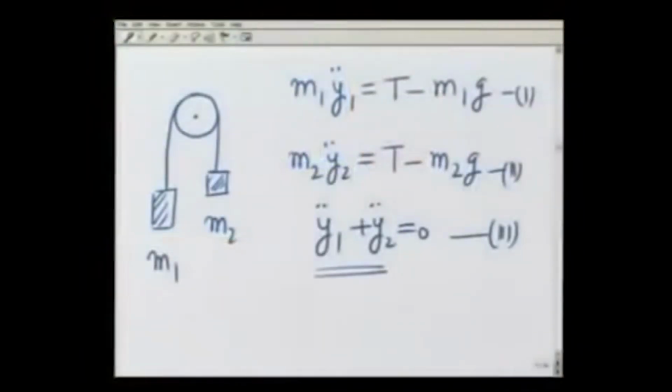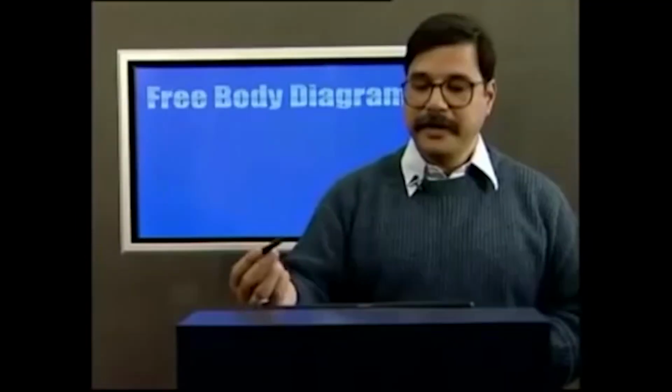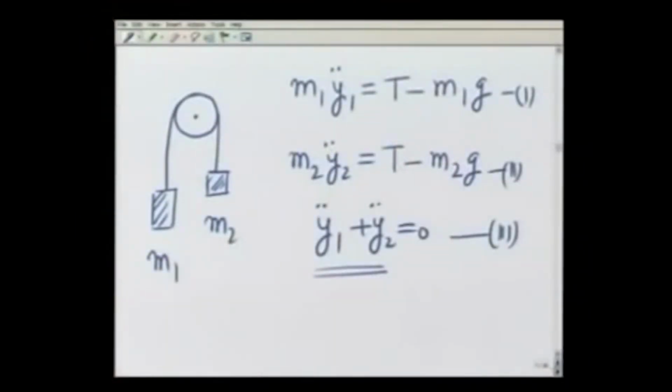Notice this constraint equation just tells you that when one particle is moving up, the other one is going down. When one particle is accelerating up, the other part is accelerating down. Let us now solve these equations. Let us eliminate t first. So for that I subtract equation 2 from equation 1.